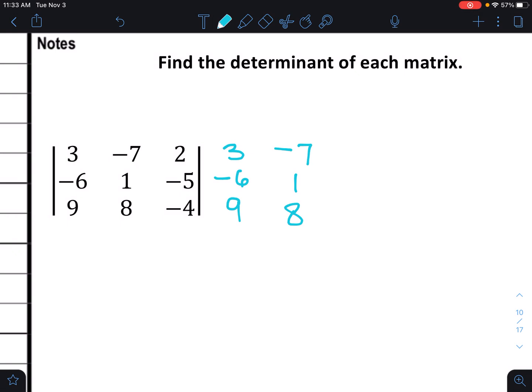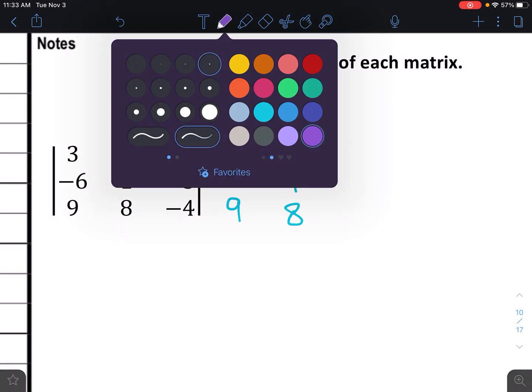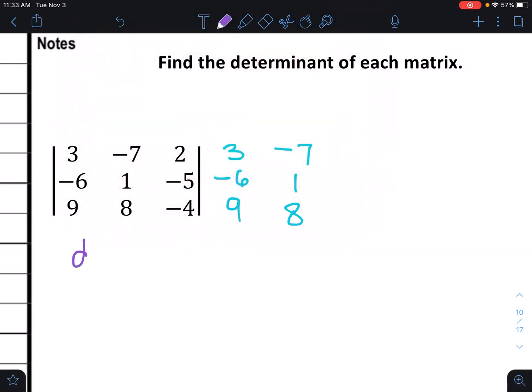I'm going to do 3 times 1 times negative 4, which is negative 12, plus 7, negative 7 times negative 5 times 9.